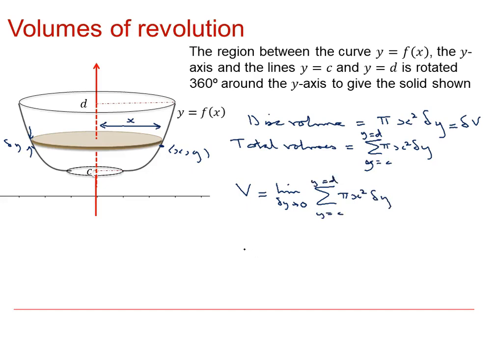And as delta y approaches 0, the exact volume becomes the integral of pi x squared dy from y equals c to y equals d. And that is a rotation about the y-axis, so you need to make sure you use the right formula for the correct rotation.